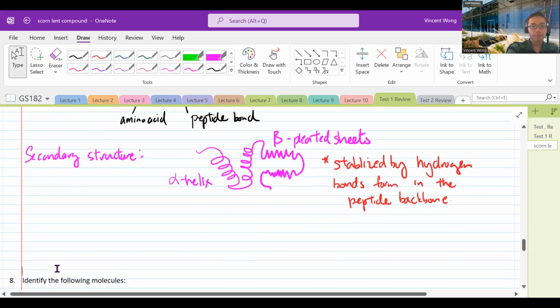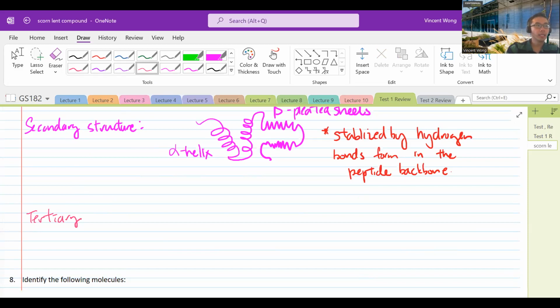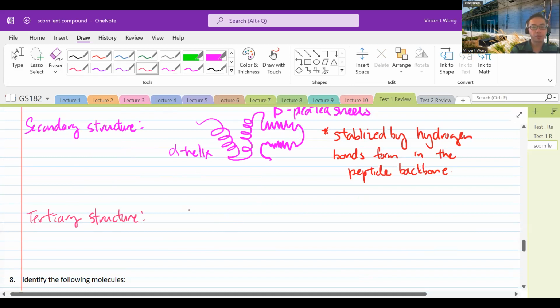Okay, so that is the secondary structure. And after secondary structure is, of course, our tertiary structure. For tertiary structure, this thing is folded up into a 3D shape. Like you might have the helix here, helix, and then it just folds back on itself.